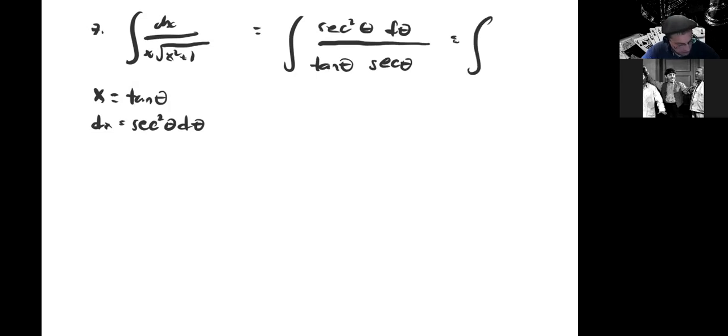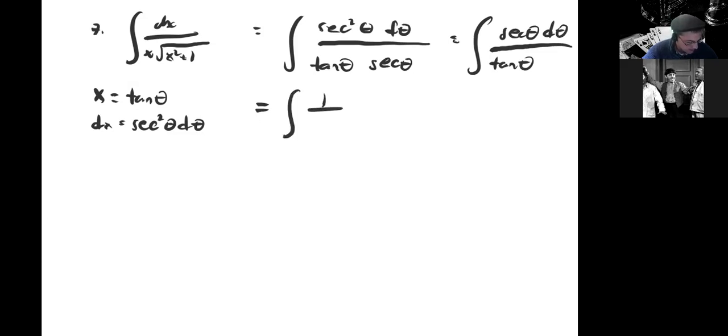And this becomes the integral of secant theta. There's a cancellation of the secant theta on top and bottom. And if you turn this to sines and cosines, this becomes the integral of 1 over sine theta d theta, which is the integral of cosecant theta d theta.